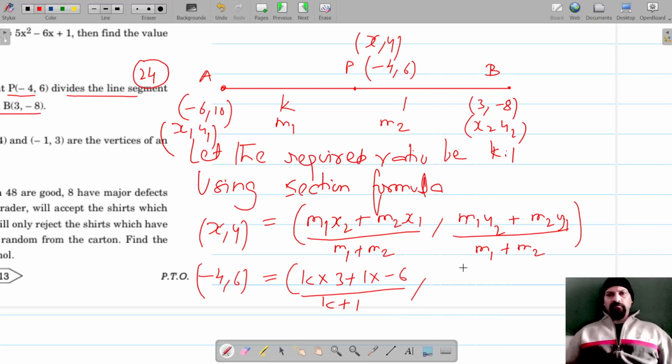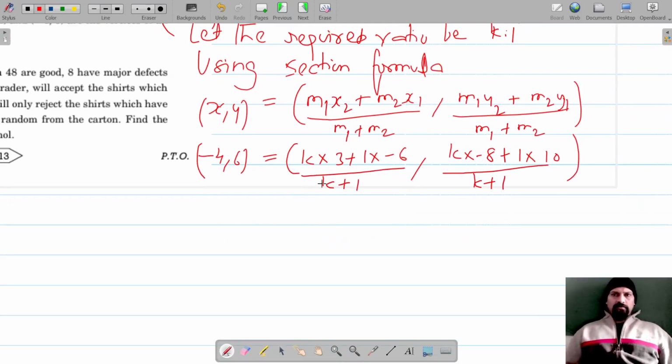Okay, m1 is k, y2 is negative 8, m2 is 1, y1 is 10 upon k plus 1. So we have to find the value of k. I'm going to equate any of these coordinates, so let me take the x coordinate. So minus 4 is equal to 3k minus 6 upon k plus 1.